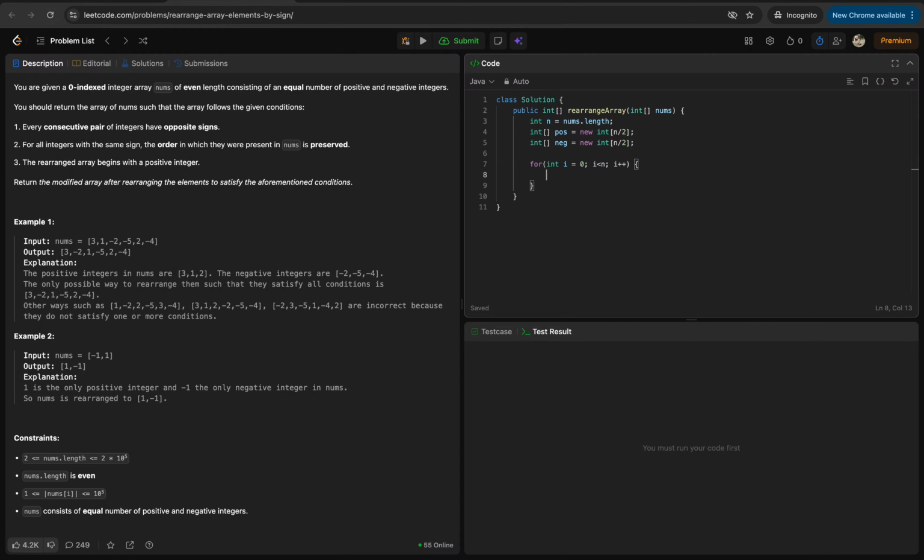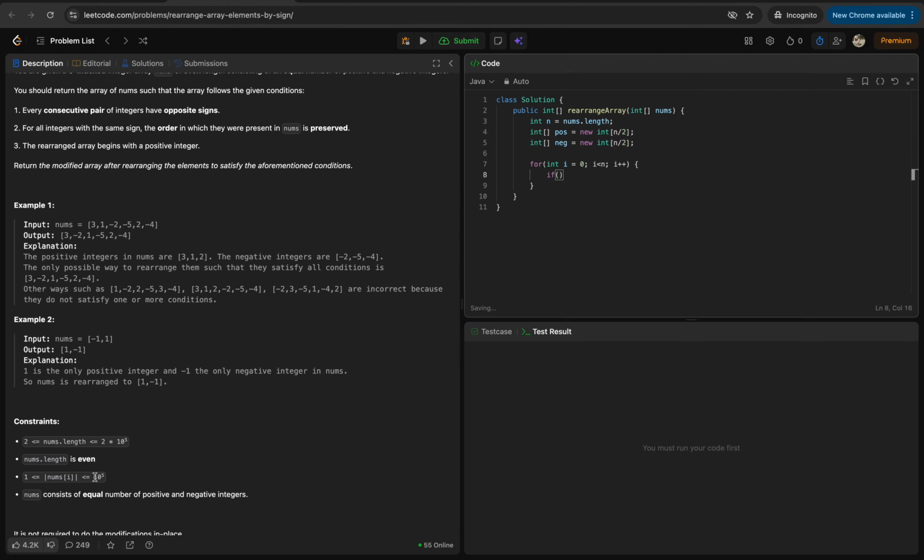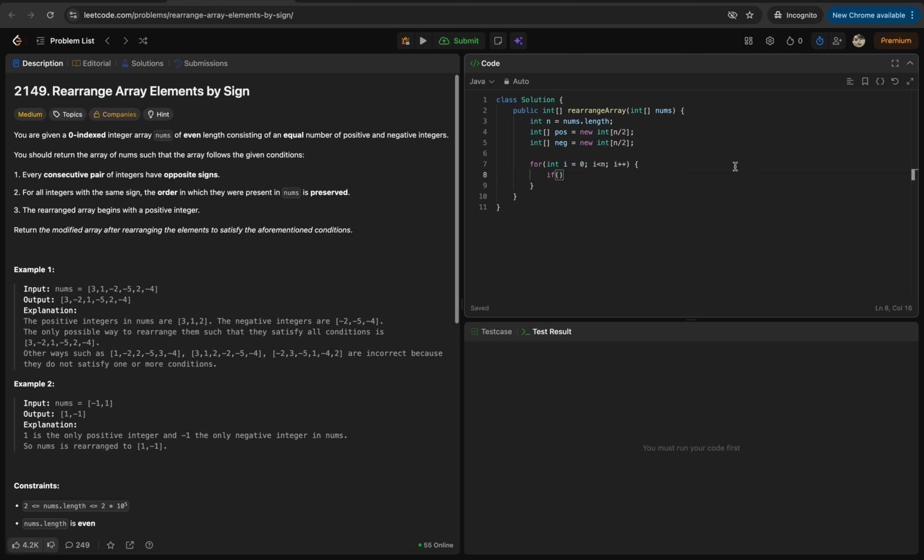We'll put the values. Can 0 be there? This can be 0. Okay, it is greater than 0, 1. So if nums i is less than 0, then negative. We'll have to iterate this also, right?